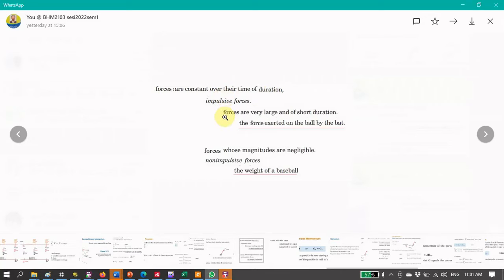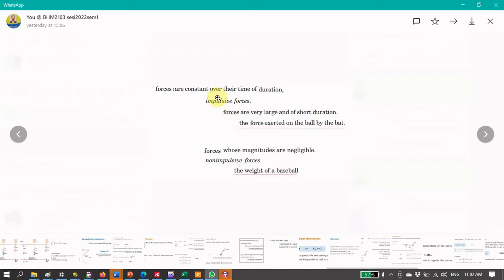Forces that are constant over time can be divided into three types. The first one is the impulsive force, which is any force that is very large but applied to the particle for a very short duration. I placed a red line there to show an example.